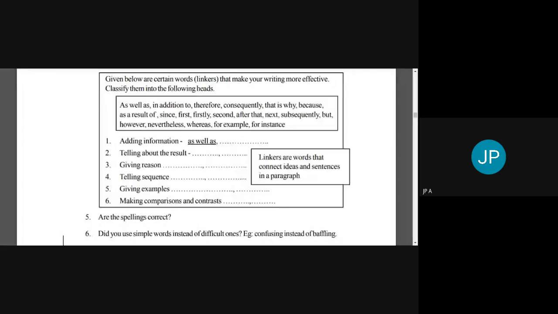So let us look at what are the different kinds of linkers that we have, and what are the purposes. Each kind of linker has a particular purpose. Here we have certain linkers. Given below are certain words or linkers that make your writing more effective.